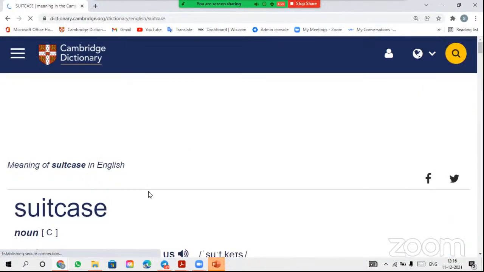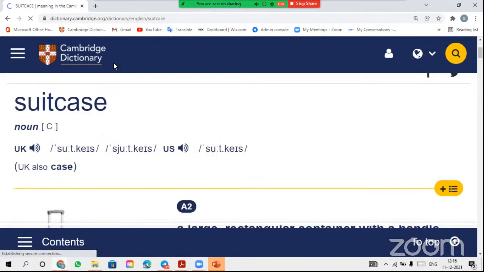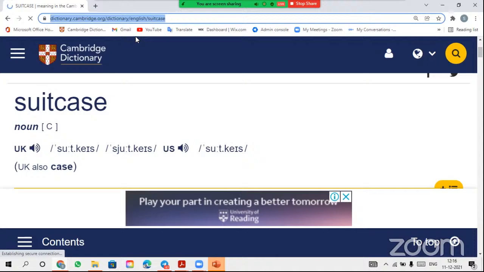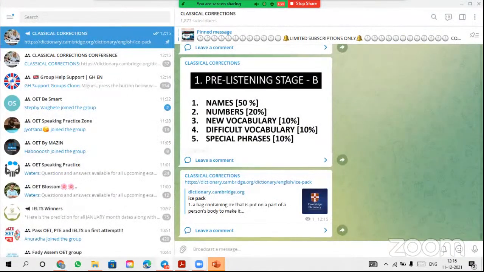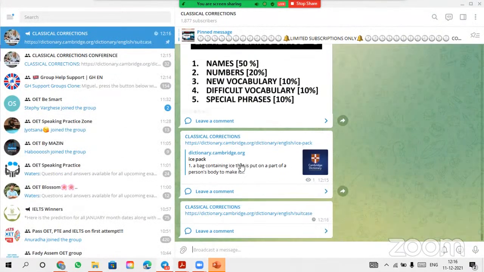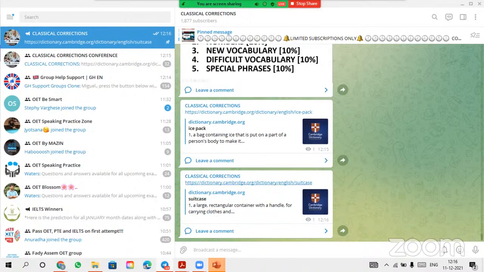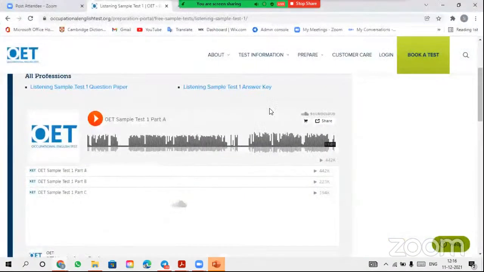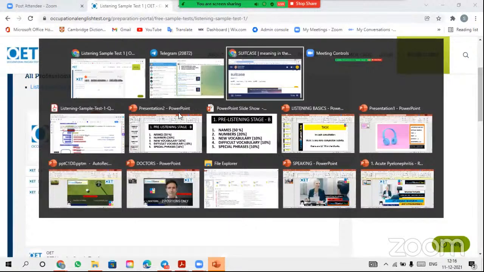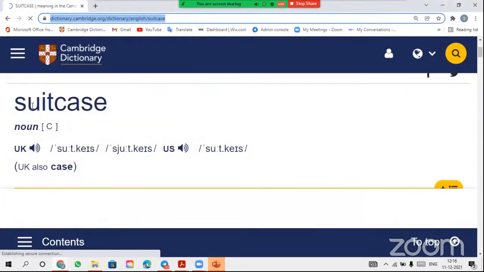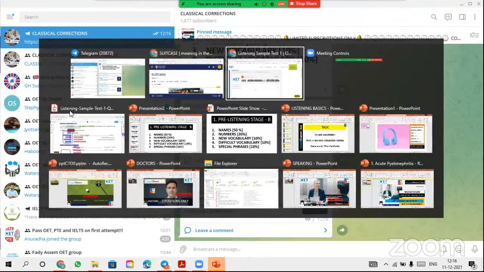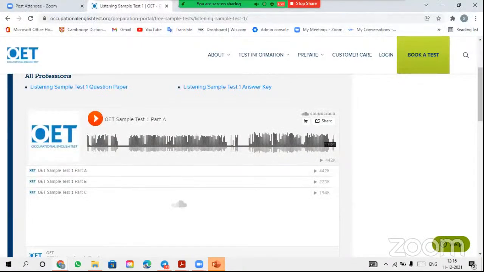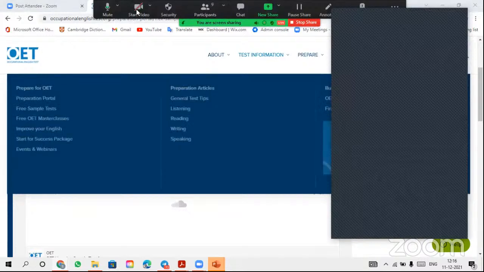You are not supposed to write two words, so that is a mistake. If you don't know this, you will lose this mark. Don't think that OET will give you the mark anyway. There are many people who say OET is not giving marks, but OET is not showing any injustice to anybody. Suitcase is one word. How dare you write two words? That means you don't know. If this comes in and you write the same spelling, it is wrong. It is for everyone.